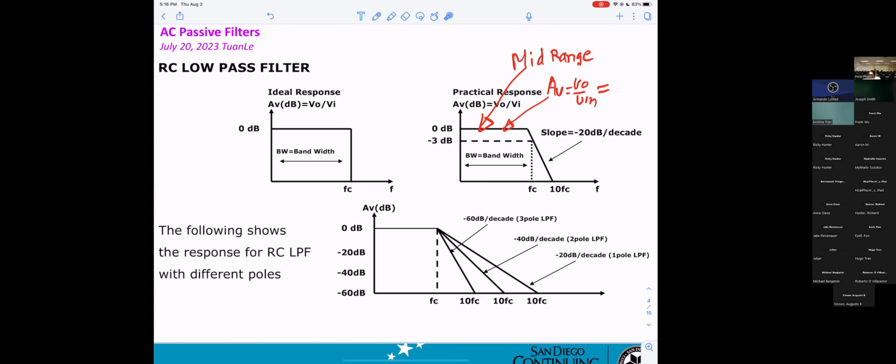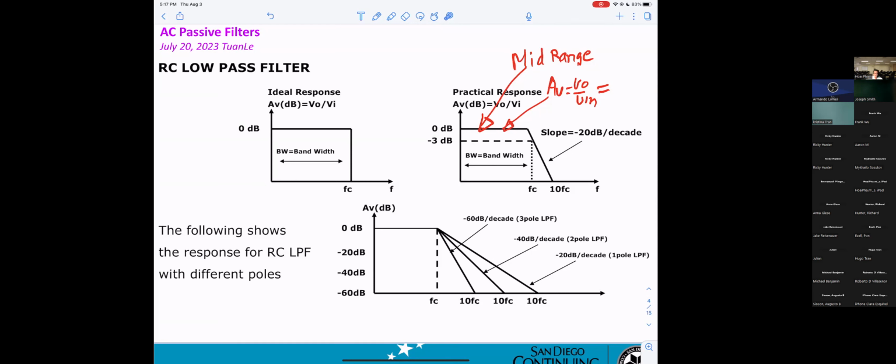You know, again they're using the dB. So who knows what the gain at the mid-range equals? Nobody knows? The gain's going to be 0, isn't it?